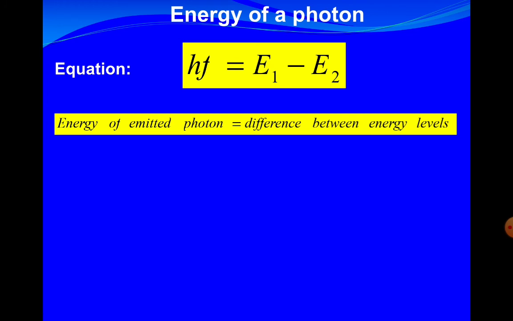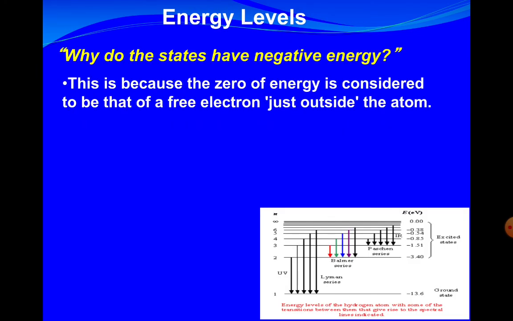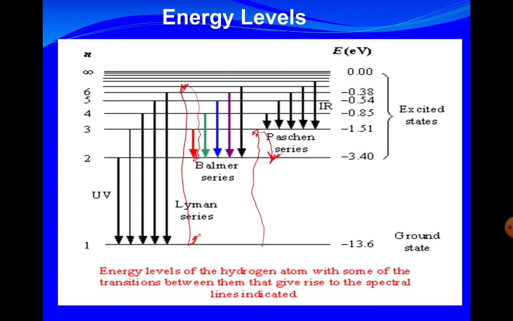So if an electron is excited to a higher energy level and falls back over a greater gap, meaning the energy level of the excited state minus the ground state is high, we will get a photon with a higher frequency.